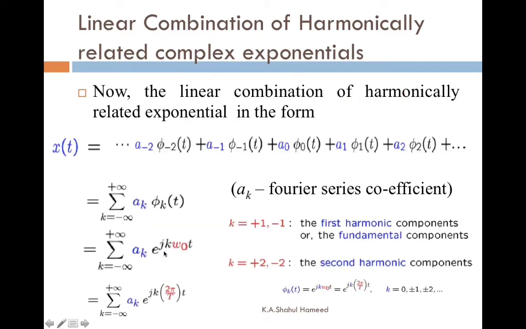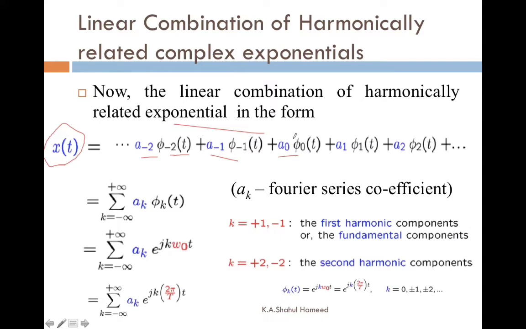Now we are going to combine all these harmonically related exponentials using a linear combination. I'm going to write it and call it x of t. X of t is equal to, from minus infinity, dot dot dot, a minus 2 phi minus 2 of t, a minus 1 phi minus 1 of t, and a naught phi naught of t, and the series will go up to infinity.